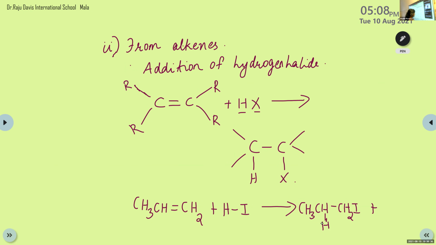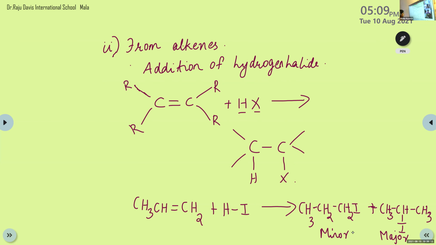We can write this CHH as CH2, right? CH2, okay. Then what about the next product? Diya? CH3CHI, very good. Then CH3, right? Yes, CH3. So these are the two products. Among these two products, this one is considered as the major product and this one is the minor product.